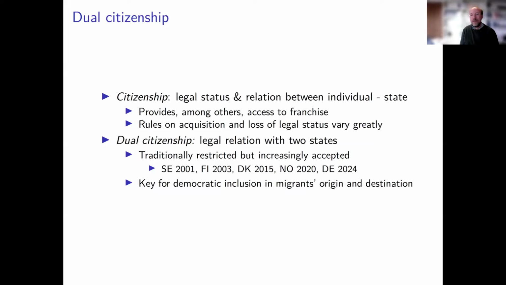Dual citizenship comes increasingly into existence, and states find it increasingly less meaningful to have rules in place that aim to avoid dual citizenship. We also see that migrants who live outside of their country of origin often lobby their origin countries because they have still a continued relation with the country they come from.